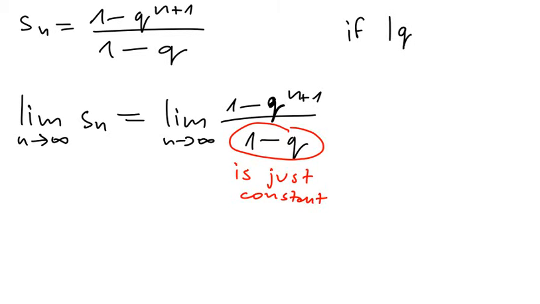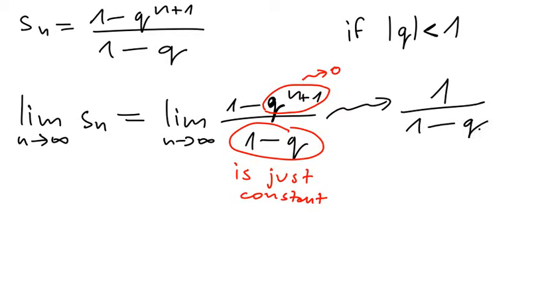So if the absolute value of q is less than 1, then this thing, when n is larger and larger, goes to 0, meaning that this is going closer and closer to 1 over 1 minus q, which is the final sum we wanted, and this is a finite number.